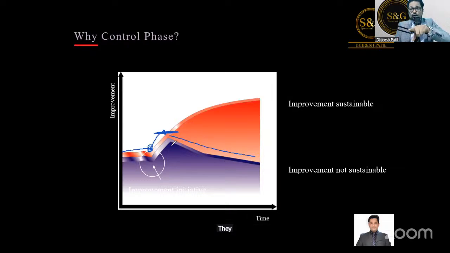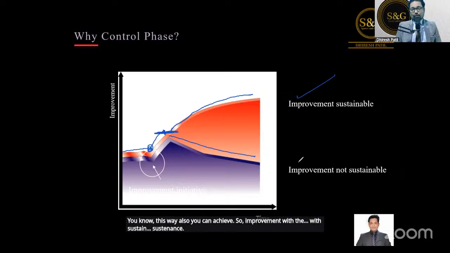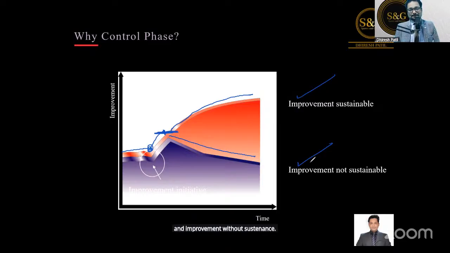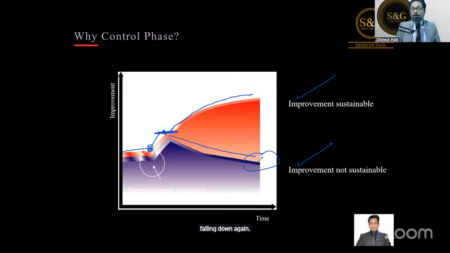They will tend to do the same mistake again and again. So you have to have a very strong control phase mechanism. If you put that, this way also you can achieve. So improvement with sustenance and improvement without sustenance, these are the differences. And I have seen amazing projects falling down again because they were not sustained properly. The control mechanisms were very loose. This is very, very important.